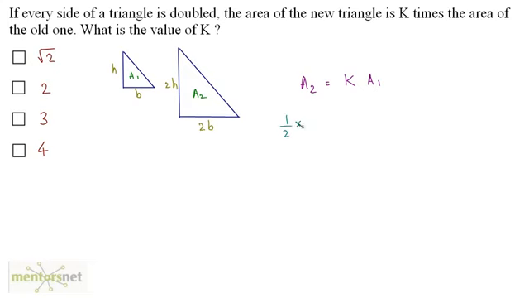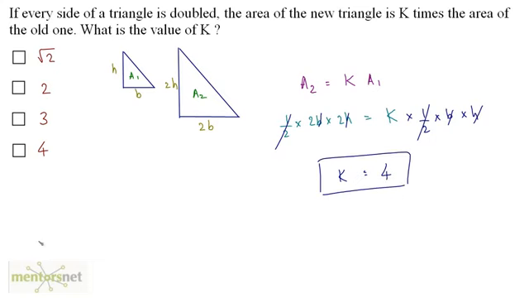So half into base 2b into height 2h is equal to k times A1. What is A1? Well, it is half into base into height. So this half and this half go out, bh and bh go out. What remains is k is equal to 2 times 2, that's 4. So the value of k is 4, option D.